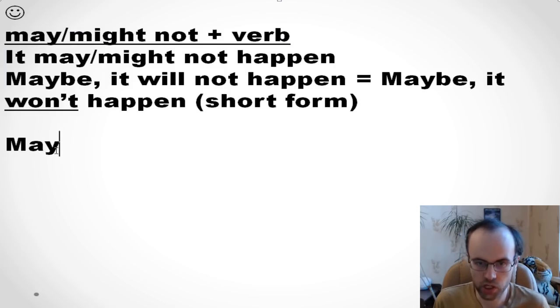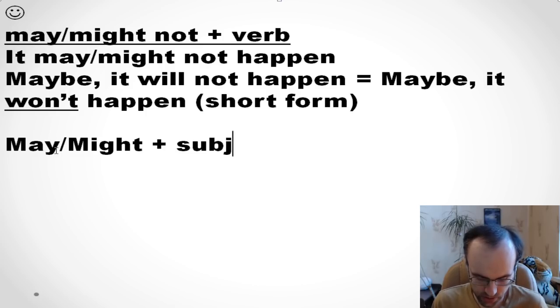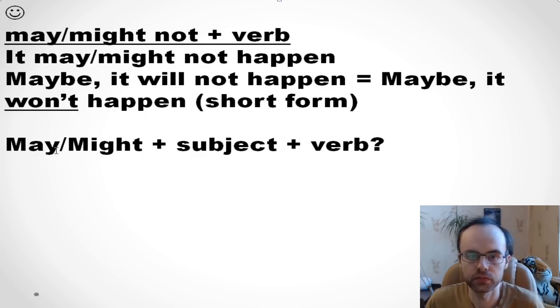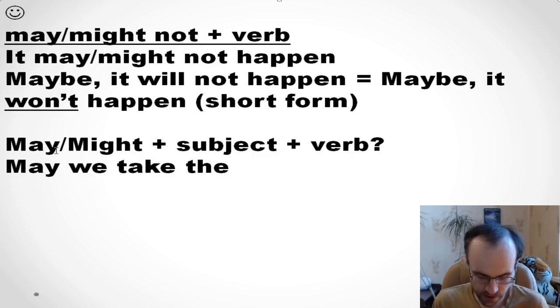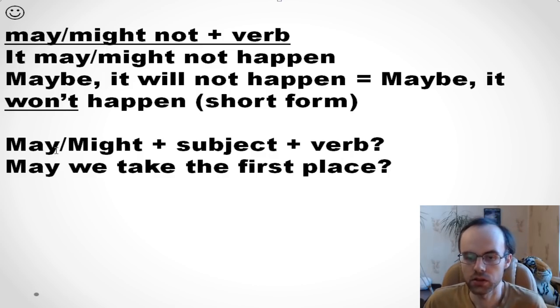If you want to ask a question, so may or might plus subject plus verb. For example, may we take the first place? May we take the first place? So maybe we'll take the first place, right?